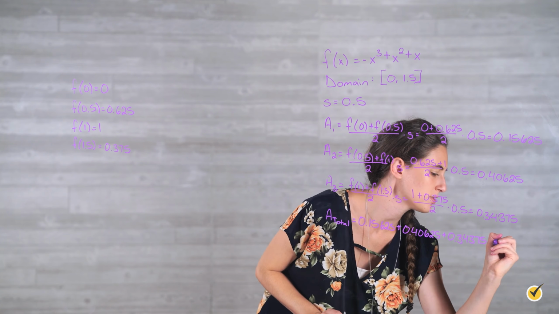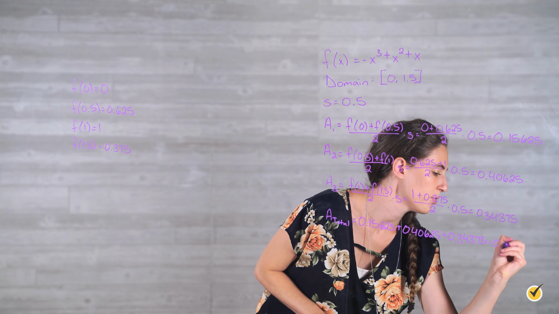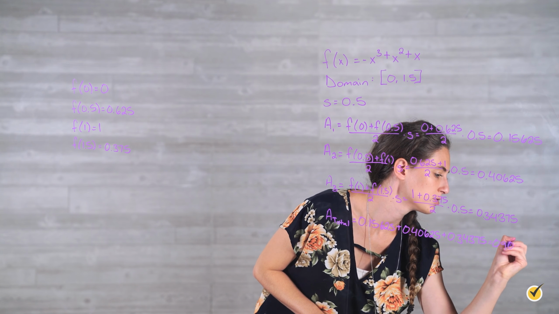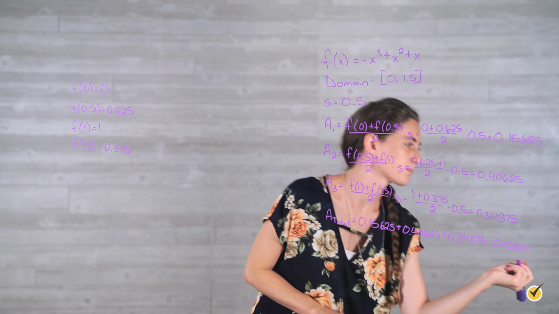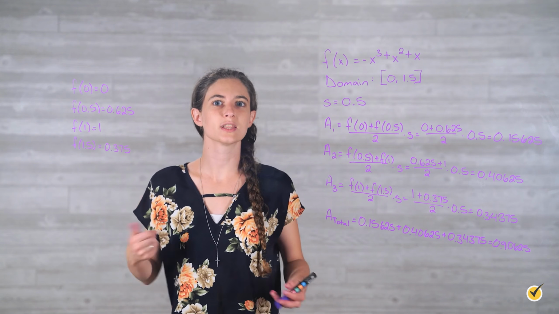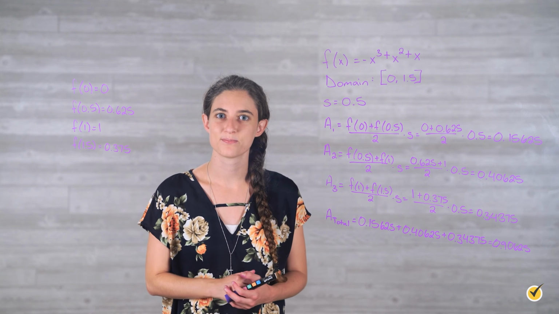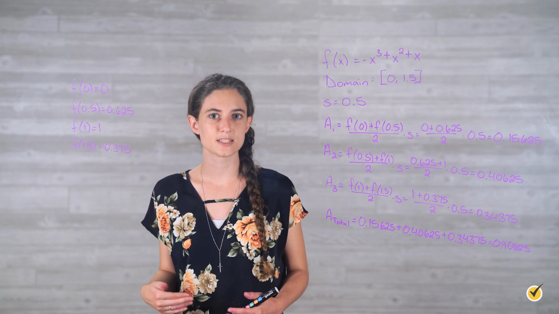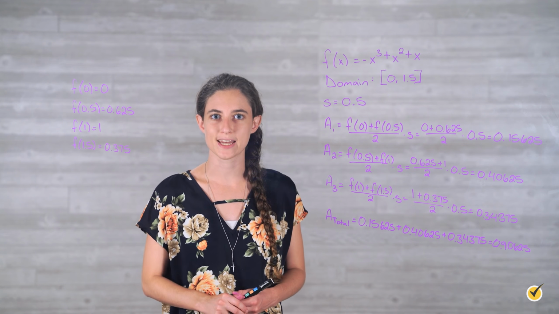And we can plug all this into a calculator to get 0.90625. This solution, like the other examples, is a good estimate. The true value of the area we are estimating is approximately 0.984.